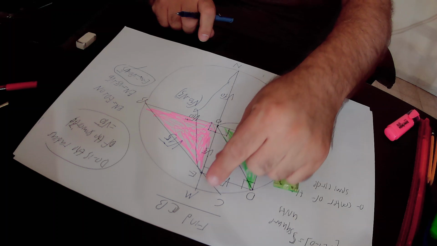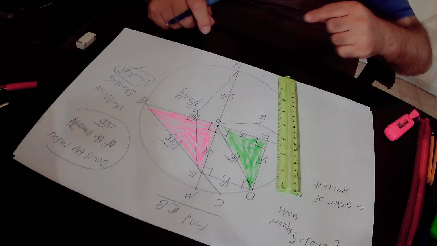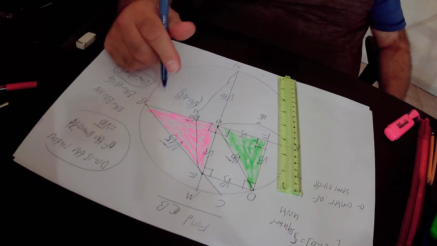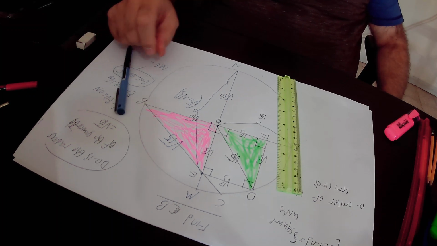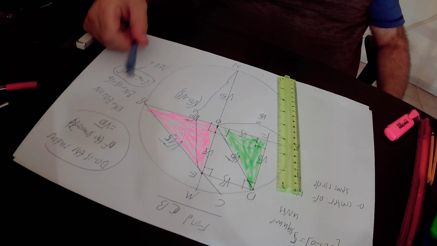What is the length of line segment ME? The length of this line segment ME. From the drawing, it is very easy to see that ME equals MO minus EO.